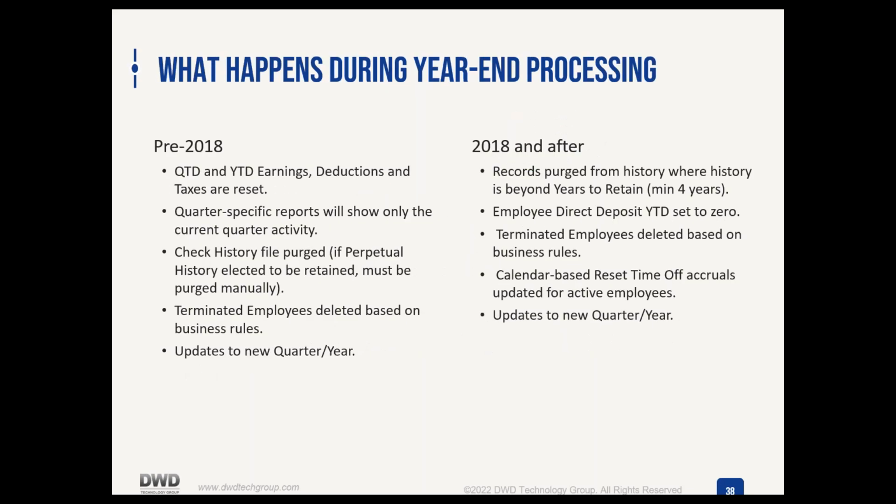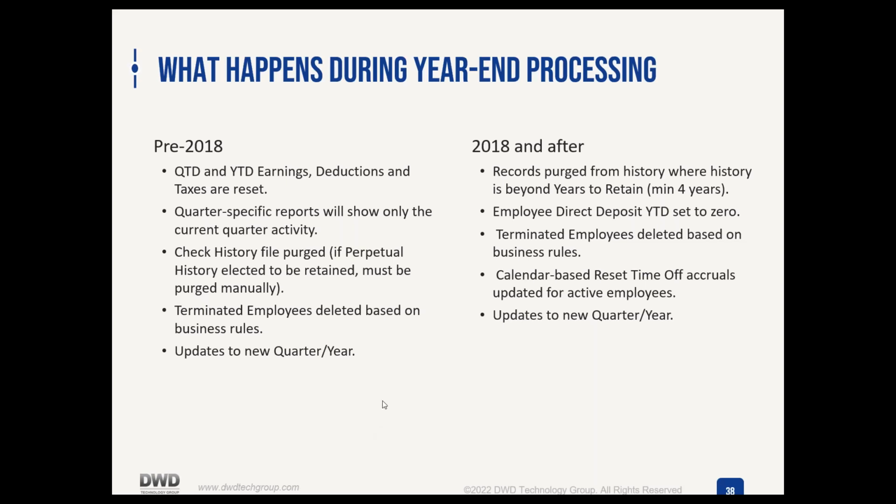What happens during year-end processing? I will talk a little bit about 2018 and prior to 2018. As I mentioned, all the quarter-to-date and year-to-date earnings, deductions, and taxes get reset. I talked about the monthly reports in the core modules. There are quarter-specific reports in payroll. They'll only show you the quarterly activity for the current quarter.